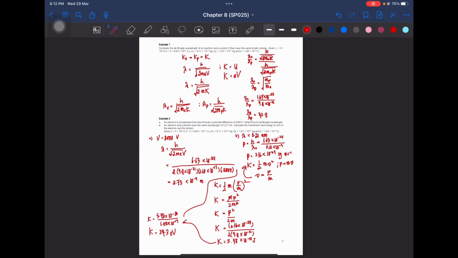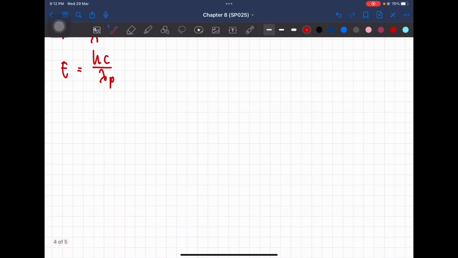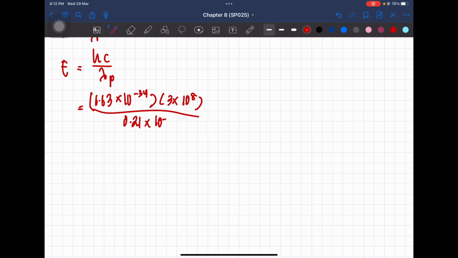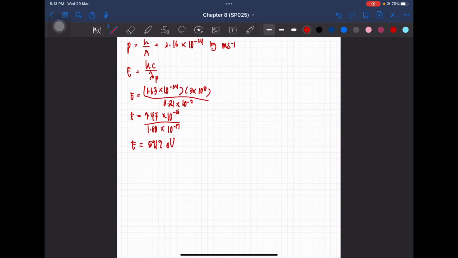Just now you used kinetic energy for the electron, but for the photon we use hc over lambda. So this is 6.63 times 10 to the negative 34 times the speed of light, divided by the wavelength. You will get the energy to be equal to 9.47 times 10 to the negative 16 joule, divided by the electron's charge to get the answer in electron volts.